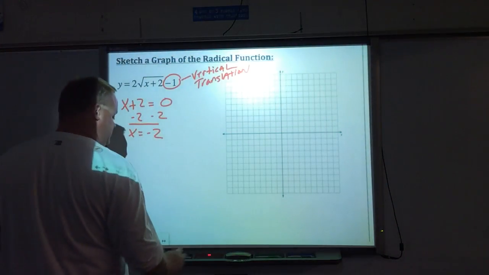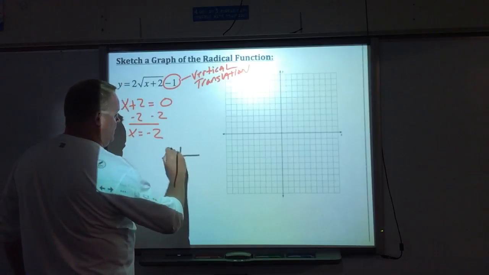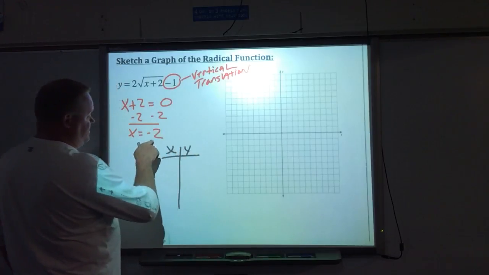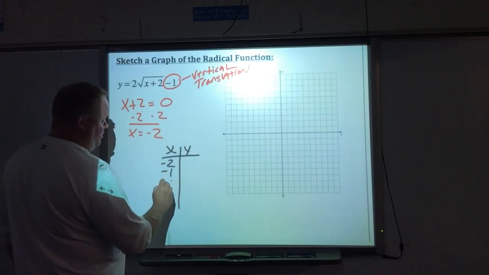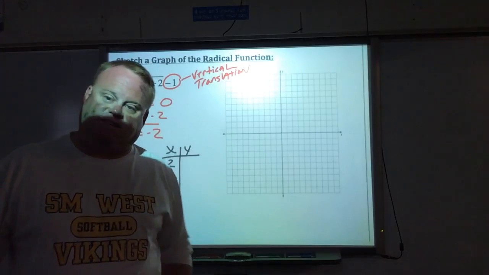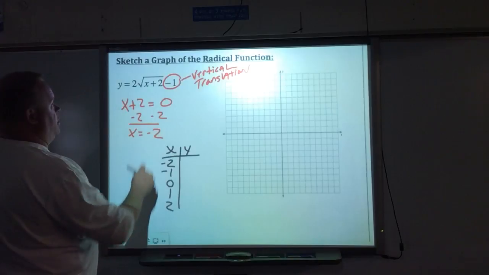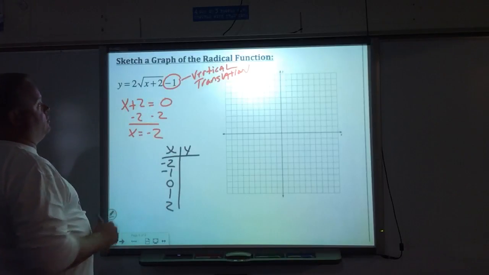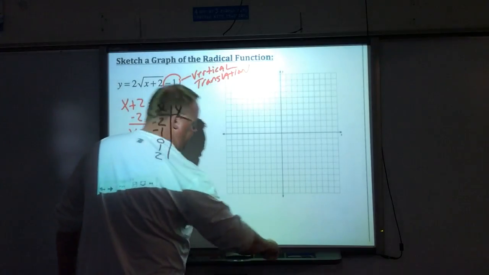So let's do an input-output table, x and y. This is my starting point. It can't be anything less than that. So negative 1, 0, 1, and 2. Nice, neat numbers, easy to do. Let's plug negative 2 in for x.